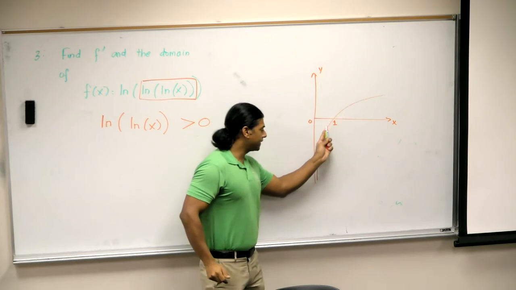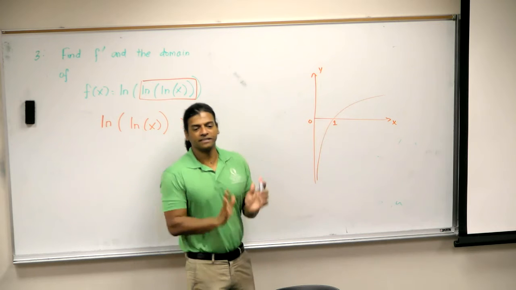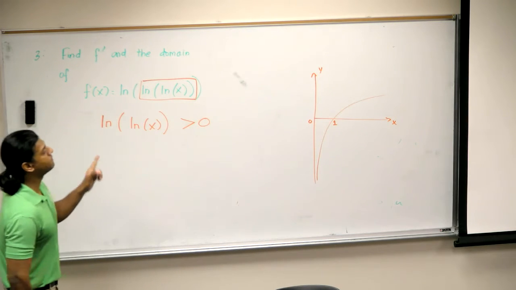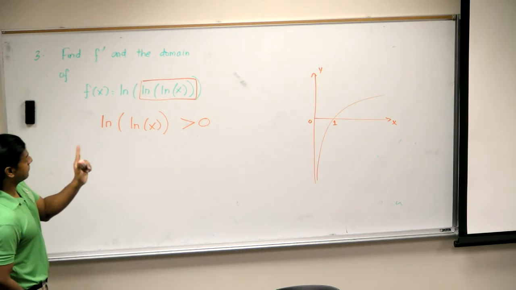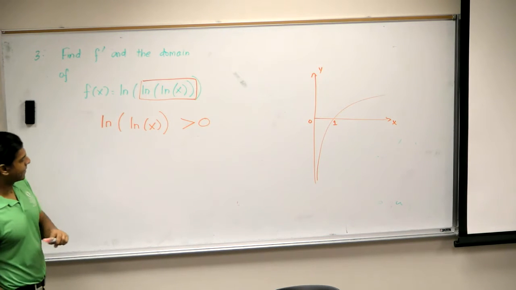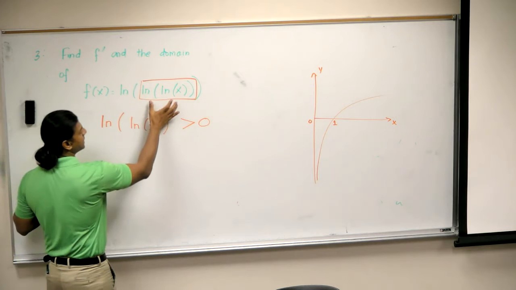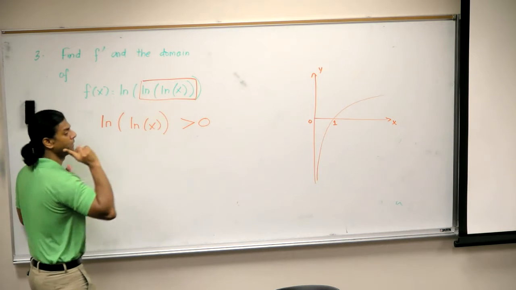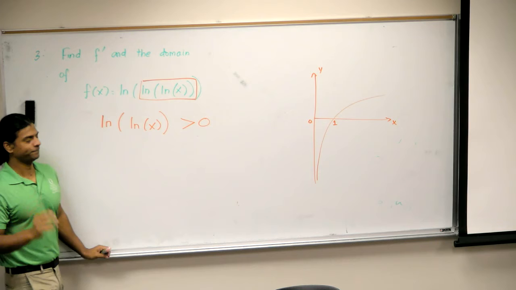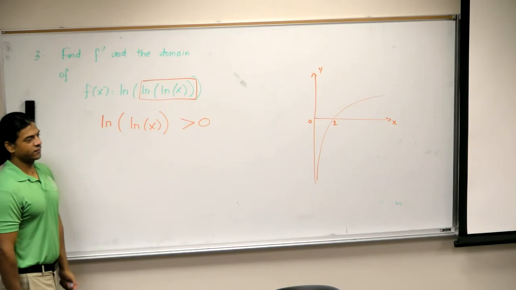We can get closer and closer to 0, but it just can't be 0. So the domain of natural logarithm is 0 up to infinity, not including 0. So whatever term that I have inside must be bigger than 0. Do you agree?